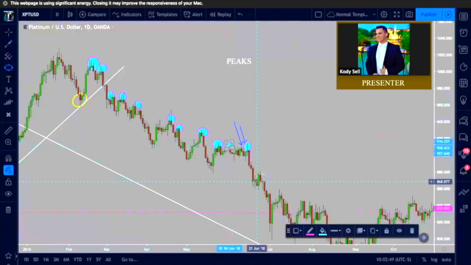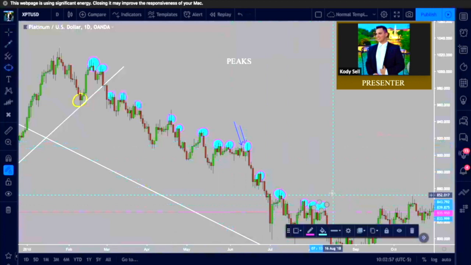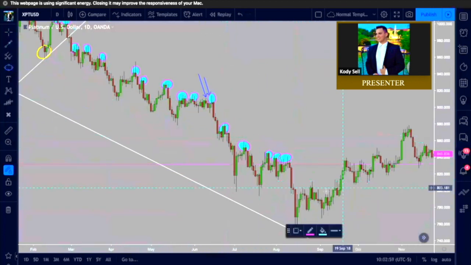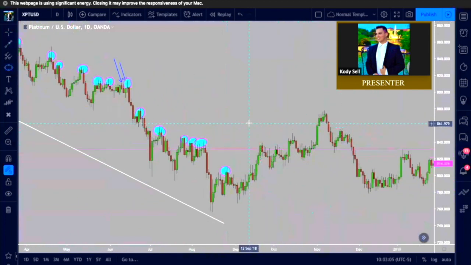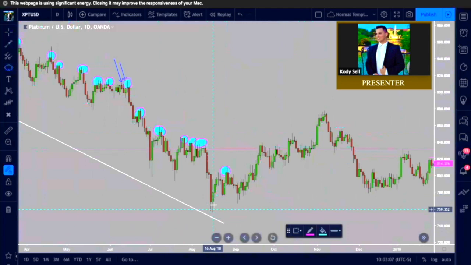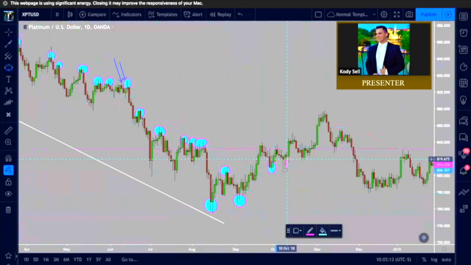I'm just looking at peaks. Where are our peaks at? What are the possibilities that we can use to draw and trade trend lines? Peaks in the market. All right, and then over in this area, we're bullish. So we're looking at what? Looking at our lows, our valleys, okay?